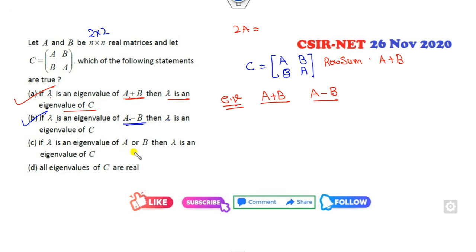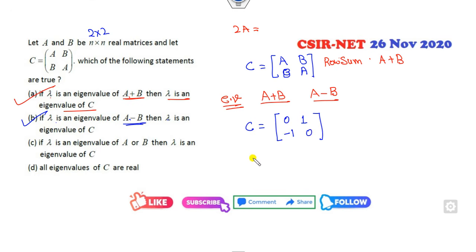If lambda is an eigenvalue of A or B, lambda is also an eigenvalue of C. You can simply choose one example whose row sum is not the same. Look at that, all the eigenvalues are real. Can you think of any example whose eigenvalues are not real?